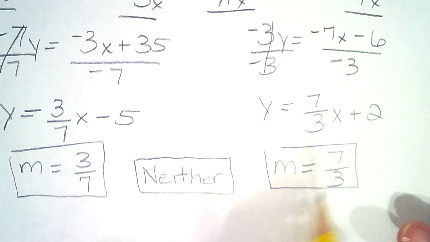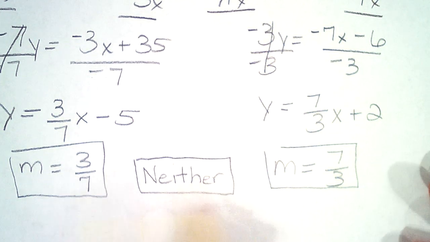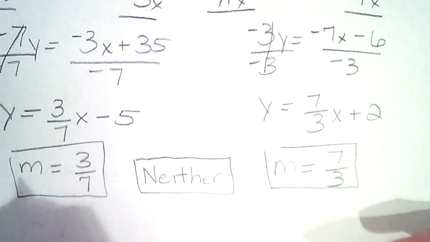In order for this to be perpendicular to this, one of these would need to be negative, and they're both positive. Again, you can take a look back at slide number 92 to see some examples.